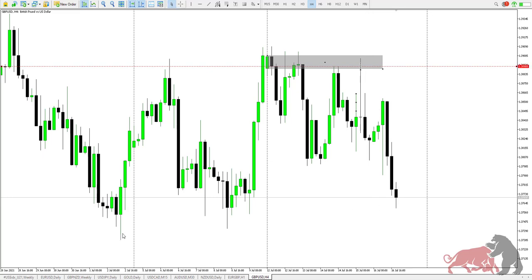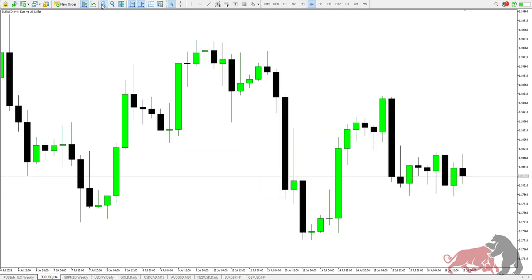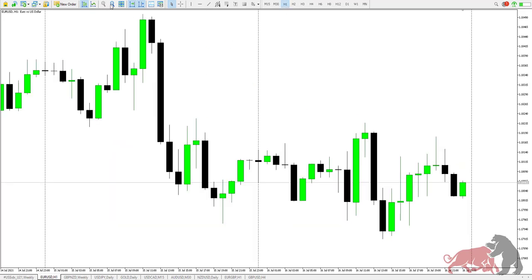So that's how you look at Euro GBP to frame your trade ideas on Pound USD or Euro USD. You can see if we go to Euro USD on H4, you can see the same time. Let's go to H1.